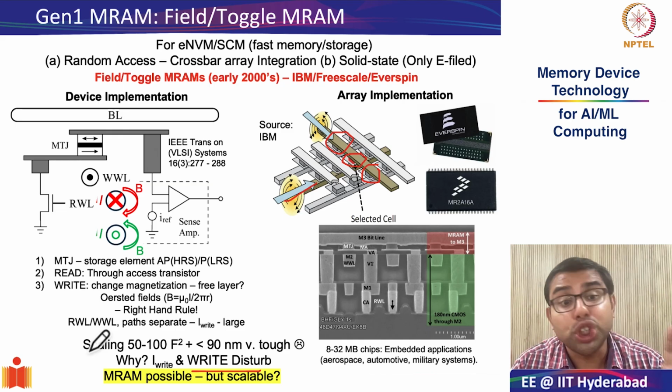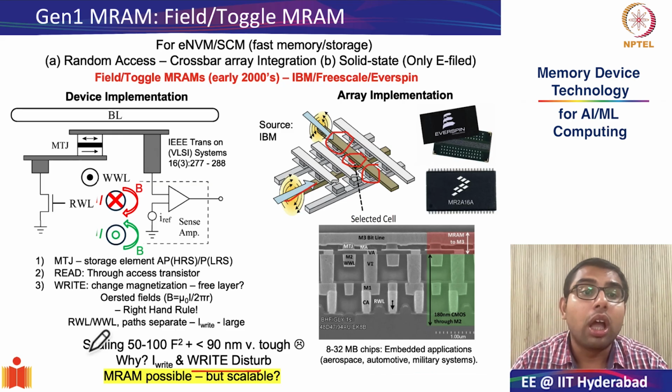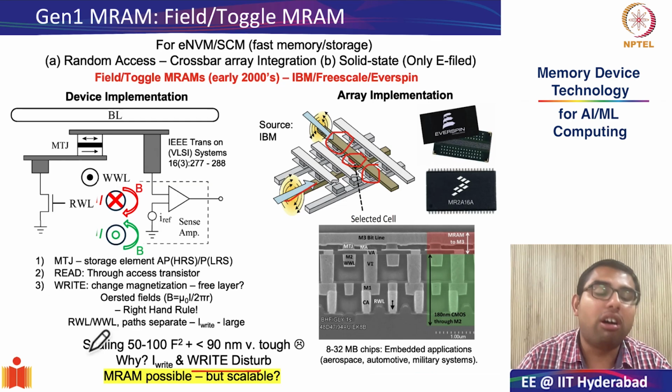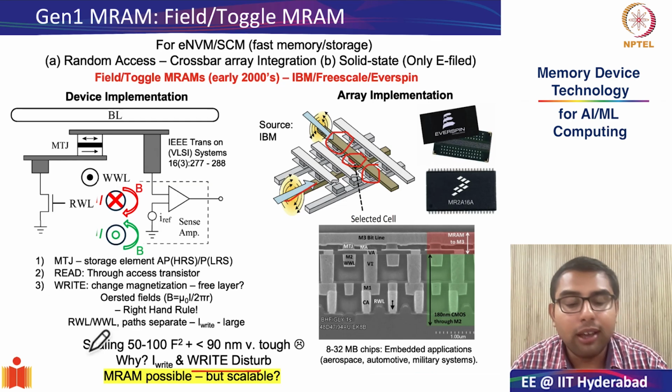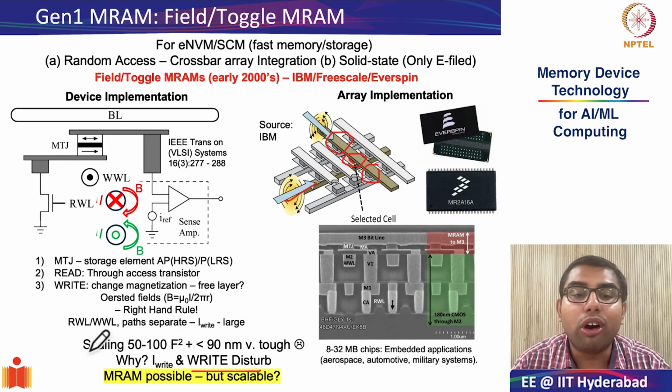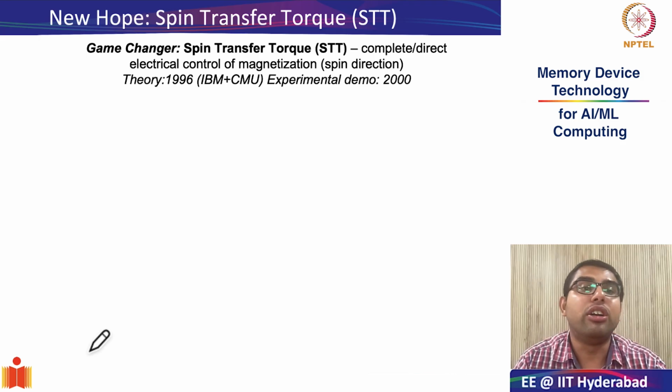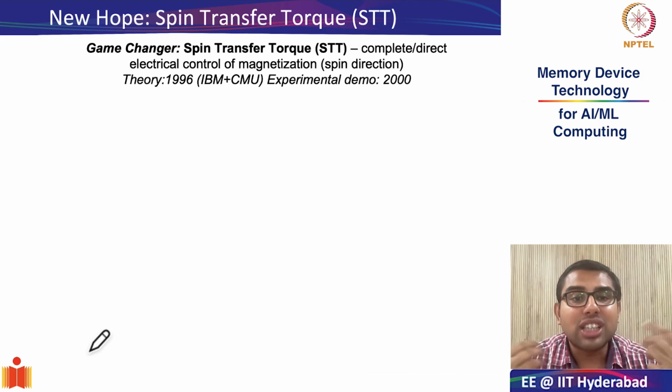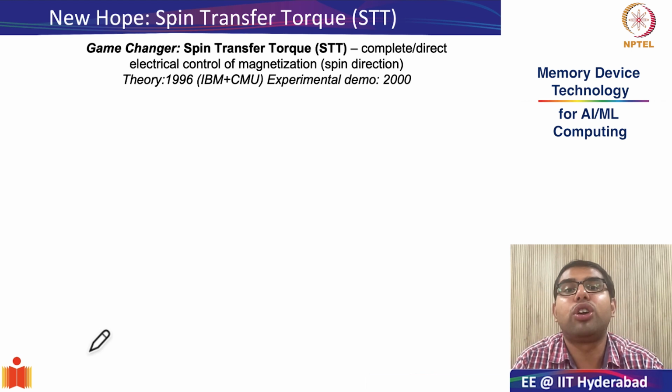These field MRAMs showed indeed that creating MRAMs or creating magnetic based random access memory is possible, but there was a big question mark on whether this technology can be scalable. Everything changed. A new hope came about when there was the discovery of a game changing technology or concept called the spin transfer torque.